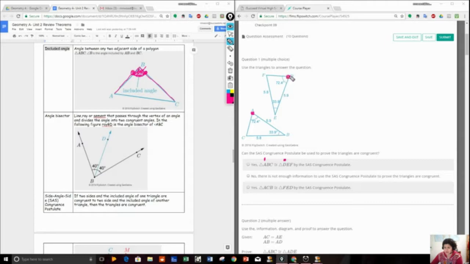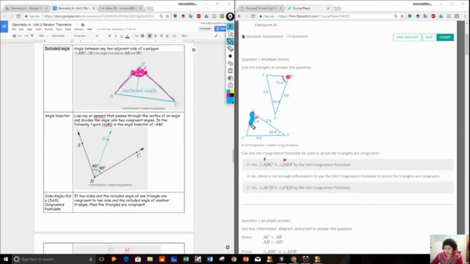If we look right now, we can see that angle A is 72.4 degrees and angle D is 72.4 degrees. Okay, well that's our angle, and now we want to look at the two sides that the angle touches.